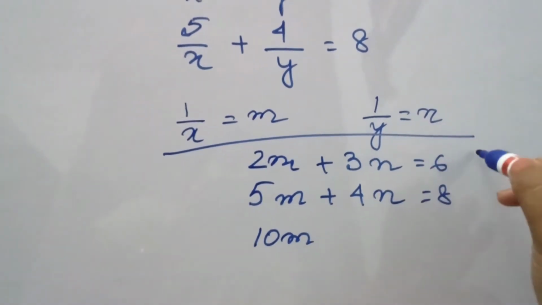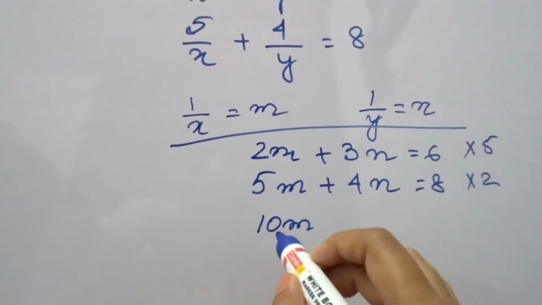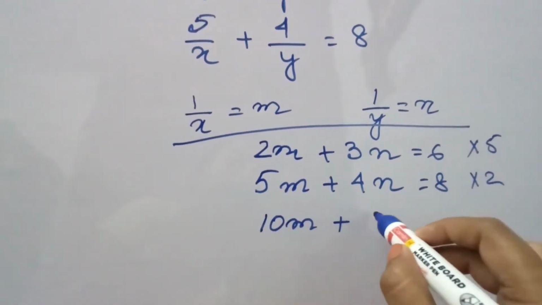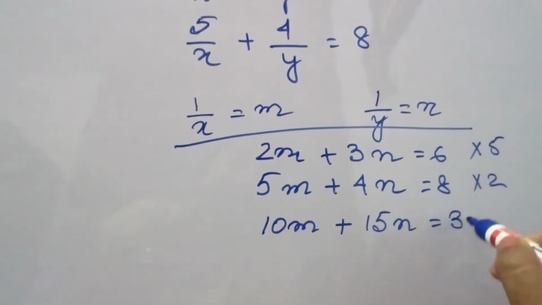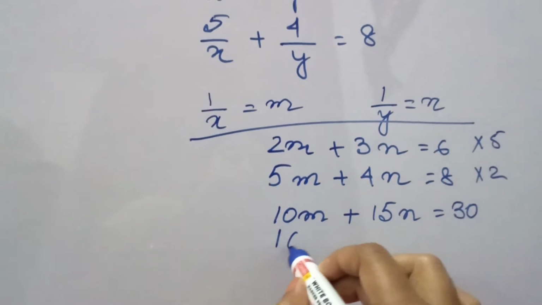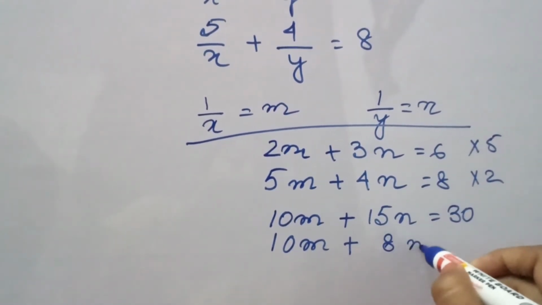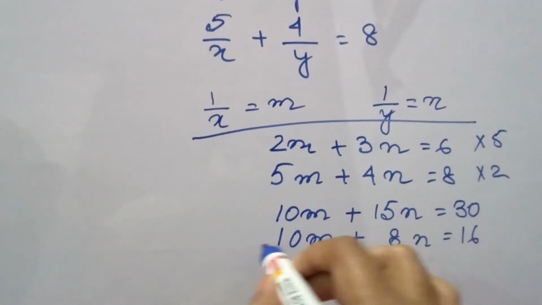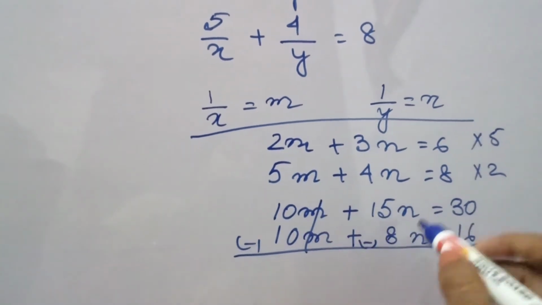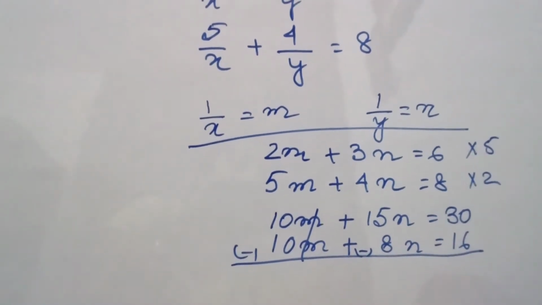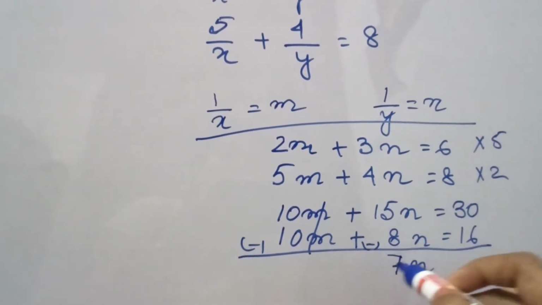If I multiply this by 5 and this by 2, then it will be 10m plus 15n is equal to 30, and 10m plus 8n is equal to 16. So it will be 7n, correct?